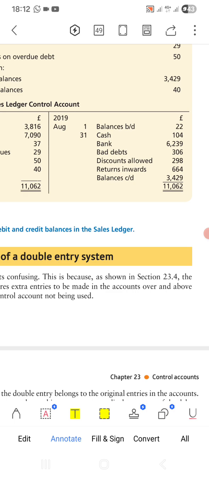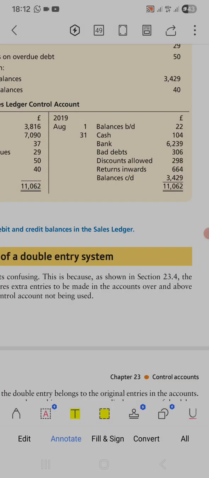First scenario could be where a customer has fully paid for his account, and thereafter he returns some goods to the business. So his account will end up having a credit balance in that instance. Then another scenario could be where a customer has overpaid his account.